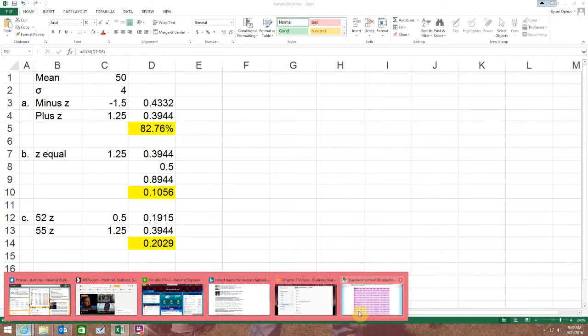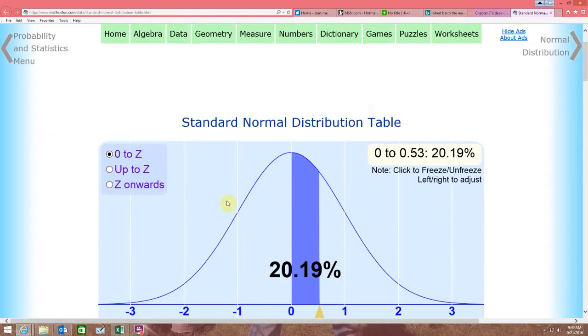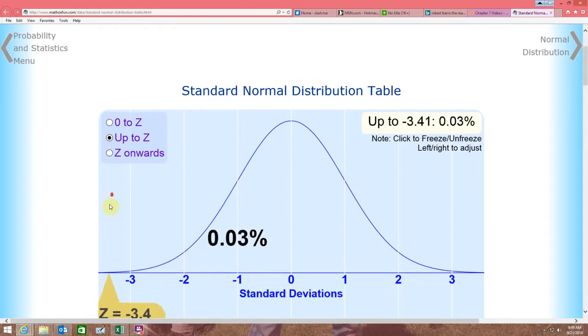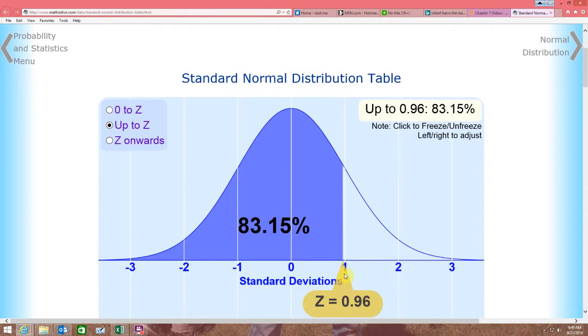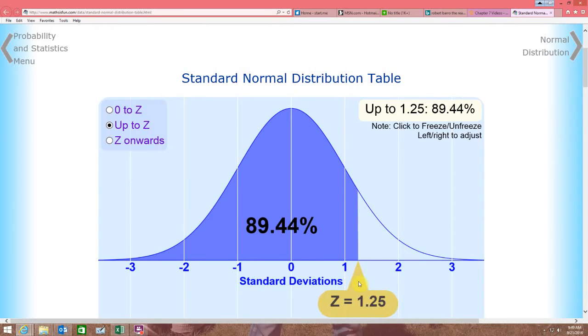So again, if I'm looking at that, how we would do it here, 1.25, 0.8944, but I want to know what's that area that's to the right of that.